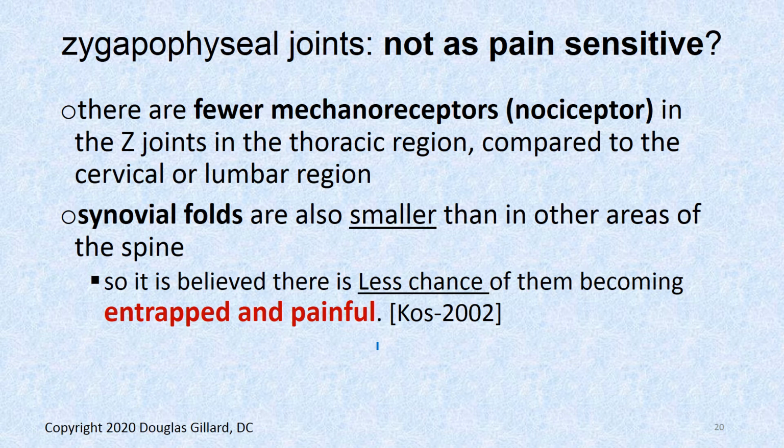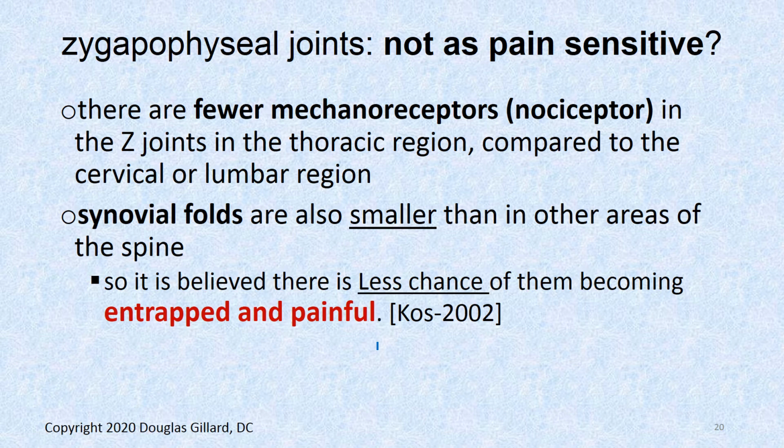The synovial folds, we didn't talk about this on lumbar. Got to remember to put that in next time. But the facet joint has synovial folds. All diarthrodial joints have synovial folds. And they secrete synovial fluid, which is made of what? Glycosaminoglycans. It's a slippery type of stuff. And proteoglycans.